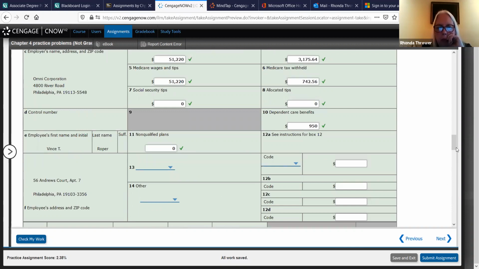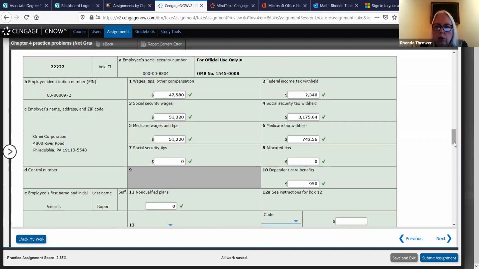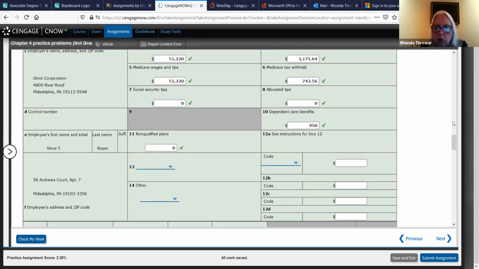And then in box 12, actually box 12 has an A part, a B part, a C part, and a D part to it. And so you just fill it in. First of all, we need to look for the code. You remember the 401k code was code D for the last employee, so it's going to be the same for this one.